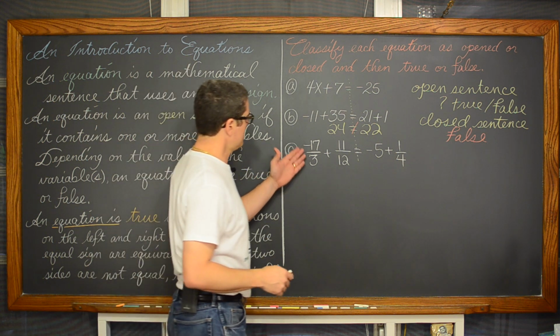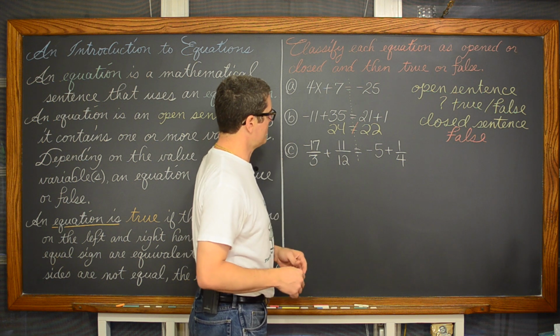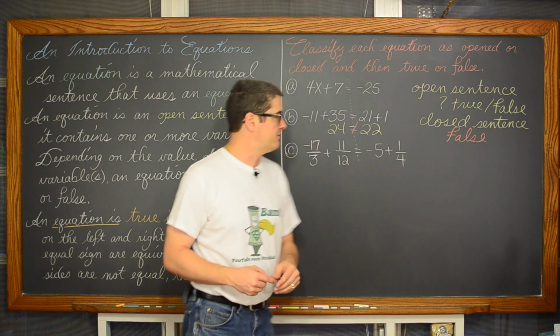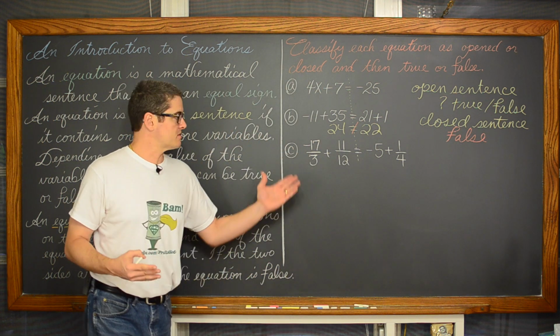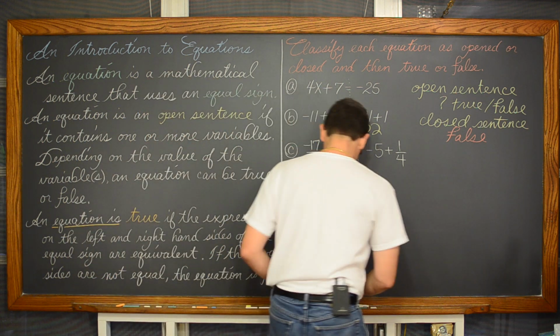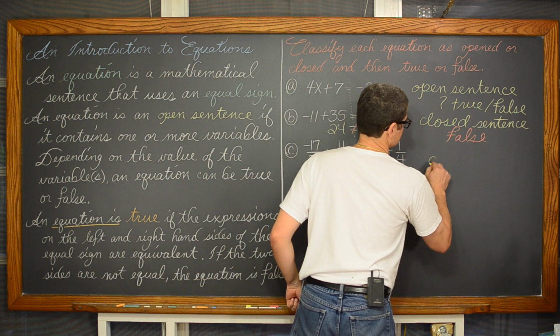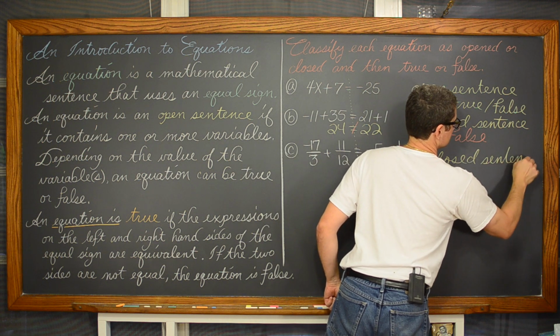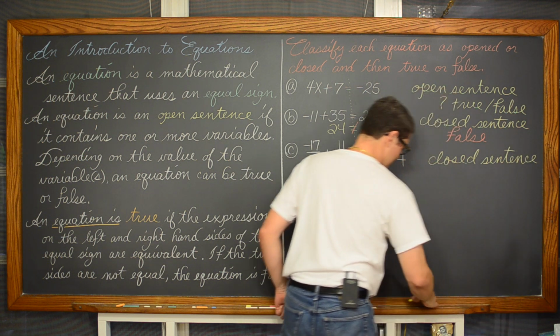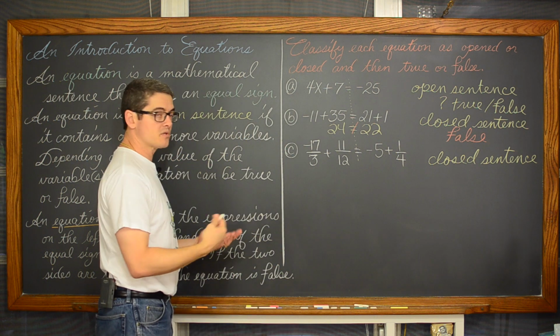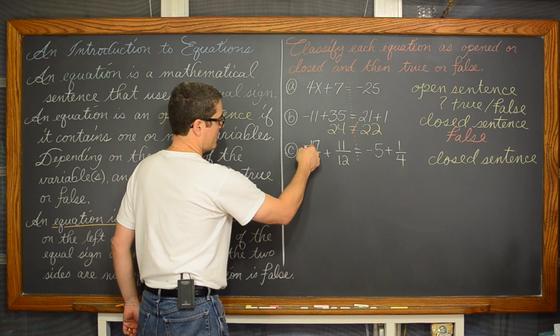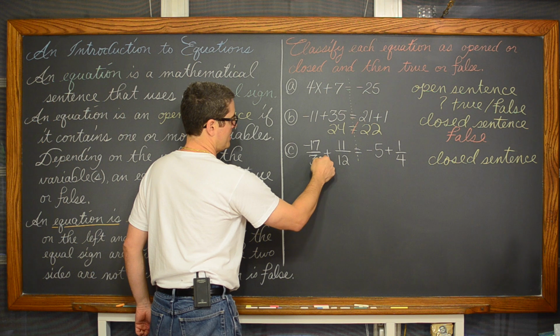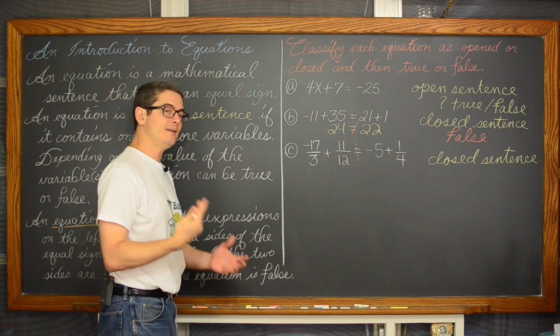So we've got negative 17 over 3 plus 11 over 12 is equal to negative 5 plus 1/4. Now this has no variable, so this is again a closed sentence. But we are going to have to do a little bit of work to make sure the two sides are equal. So here, if we're going to add negative 17 over 3 plus 11 over 12, we need common denominators.